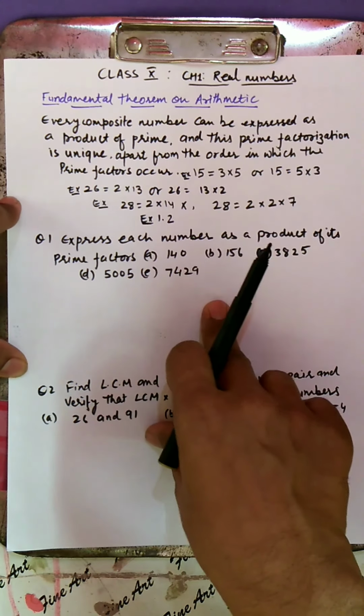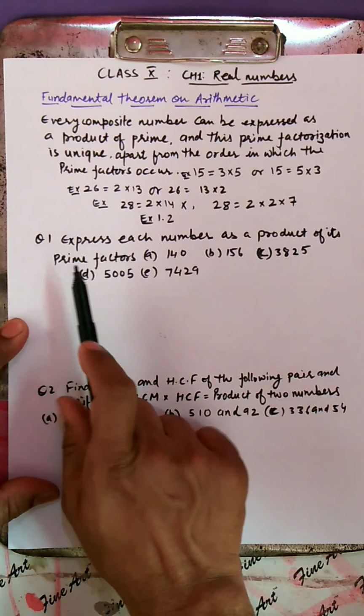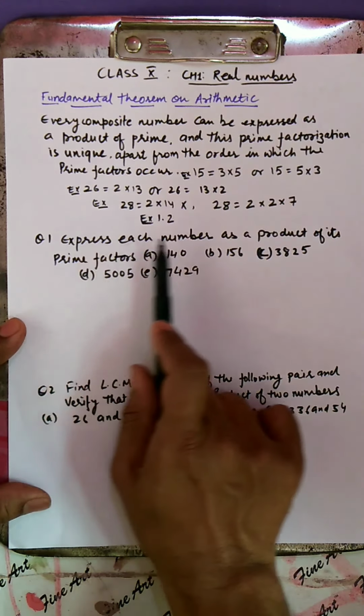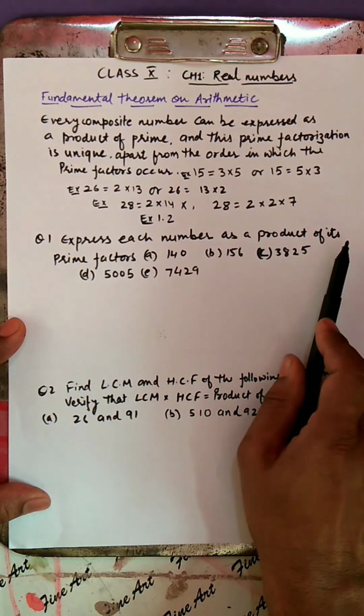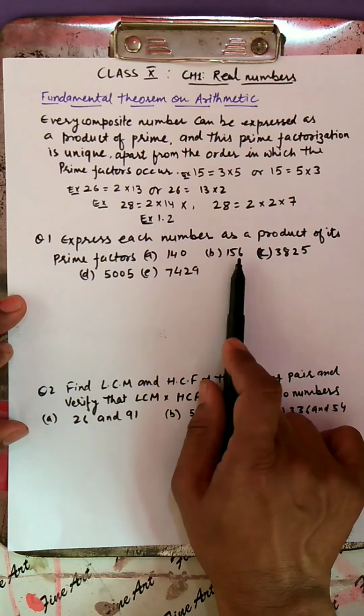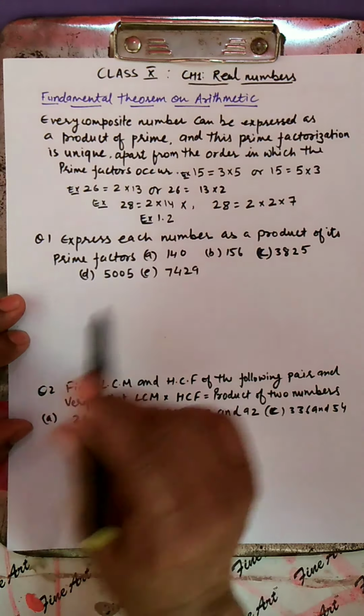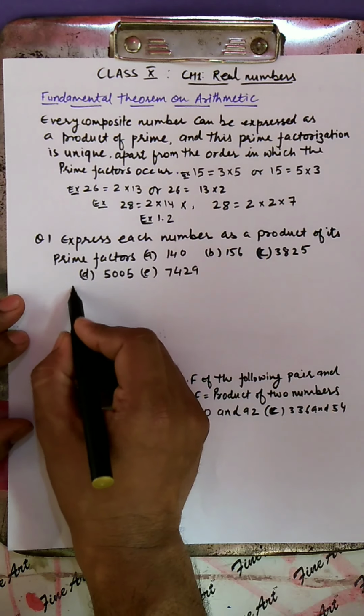Now come to Exercise 1.2. The first question is: express each number as a product of its prime factors. For example, 140, 156, 3825, 5005, 7429. You have done all these in previous classes also.